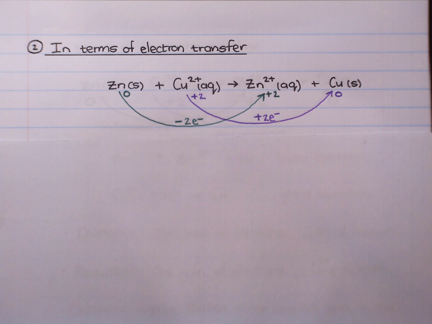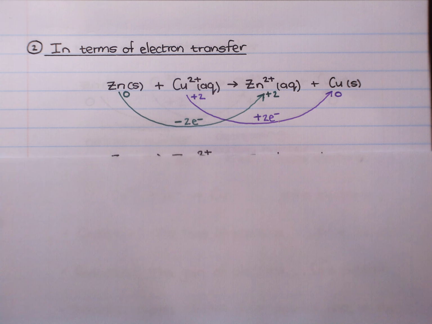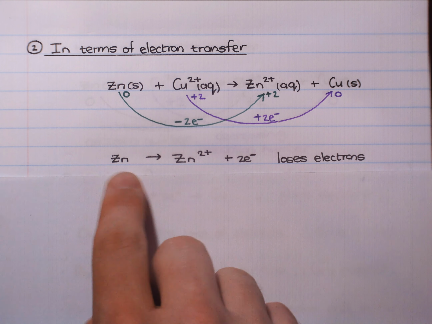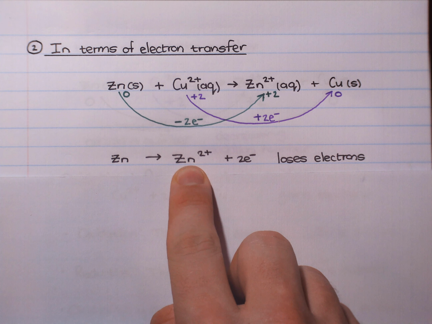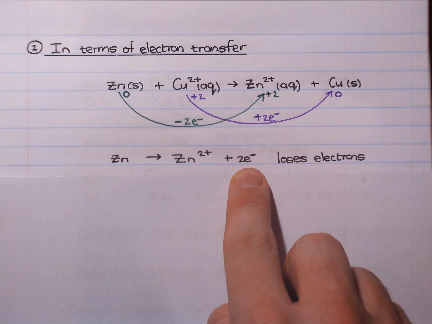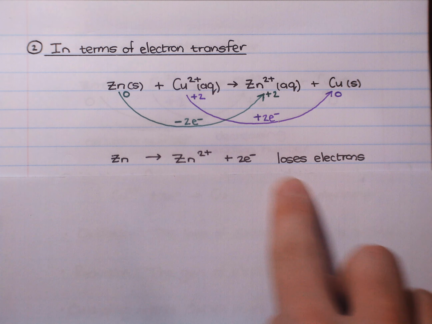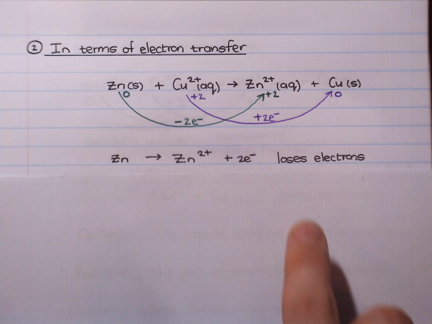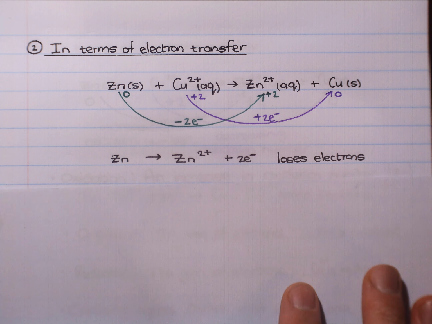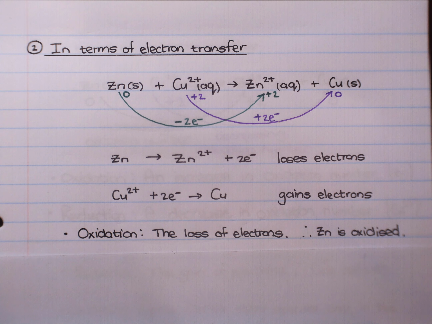Our next definitions then of oxidation and reduction is as follows. Zinc, which becomes a zinc 2+ ion by giving away 2 electrons, which effectively loses 2 electrons, we say is oxidized, because oxidation is defined as the loss of electrons.